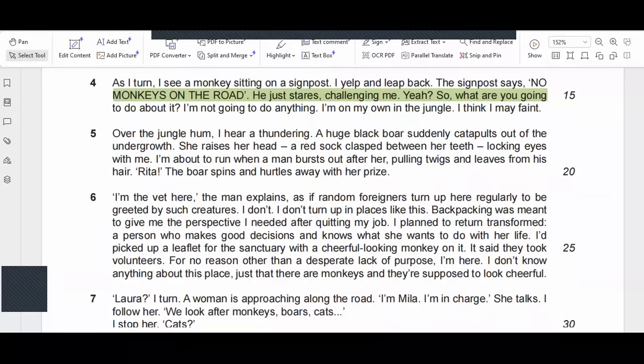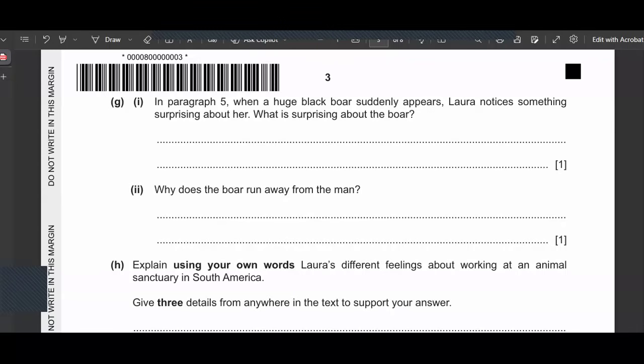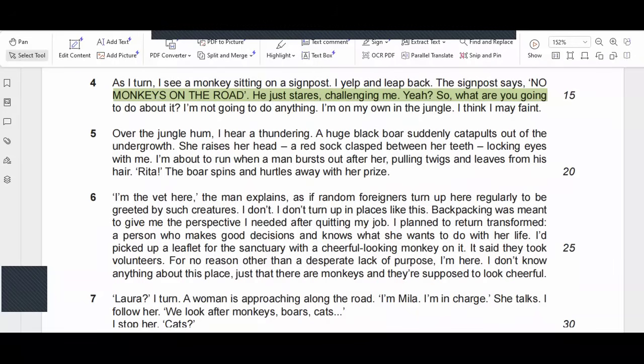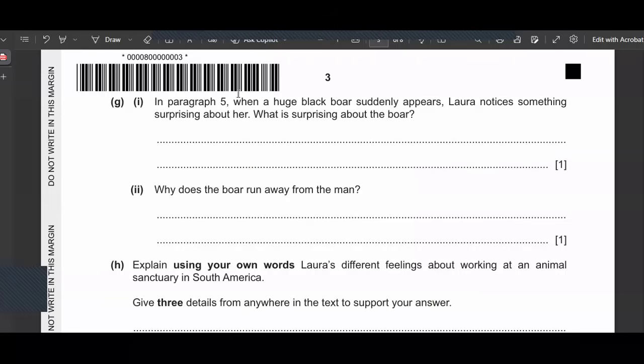So, for the first question, we are supposed to talk about one thing which was very surprising, and that was something which for Laura was quite unreal. The wild pig was holding a red sock in her teeth. It was a female pig. So she might have never seen this sort of situation before. So we can write down this thing over here.